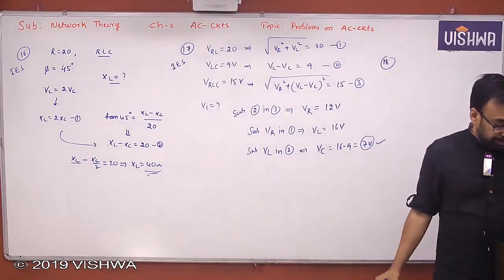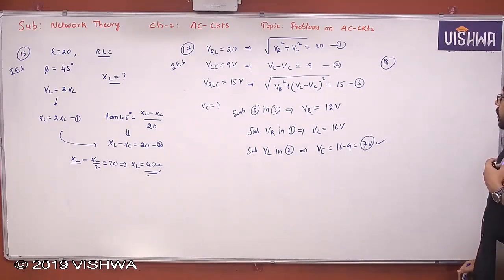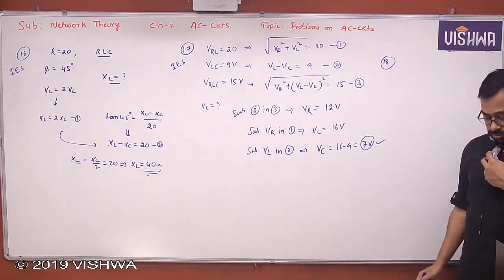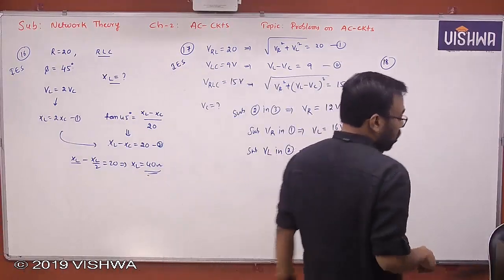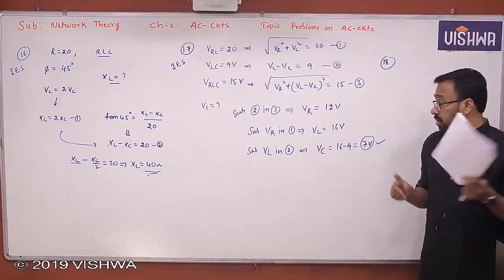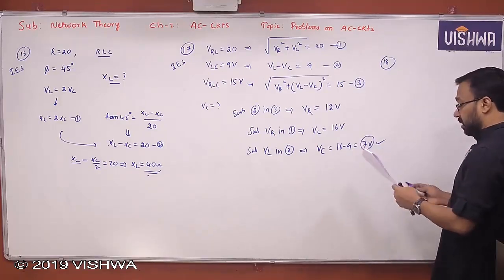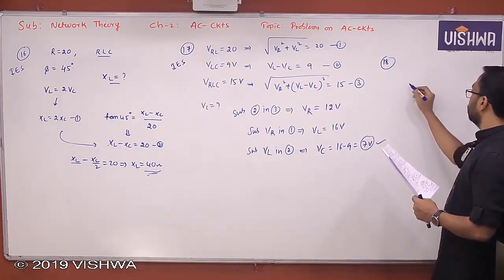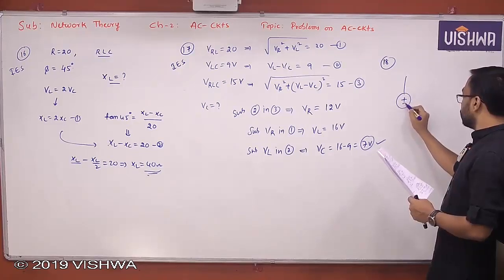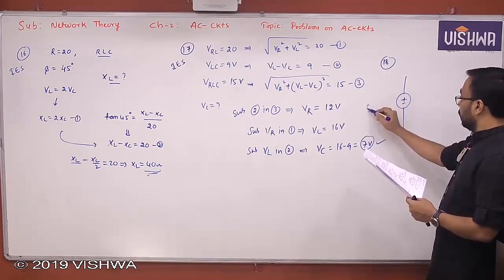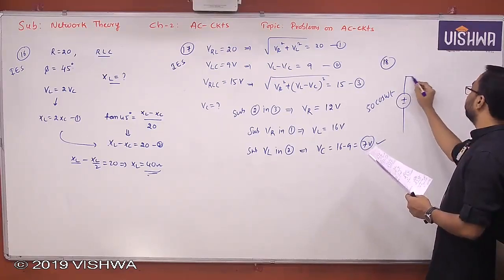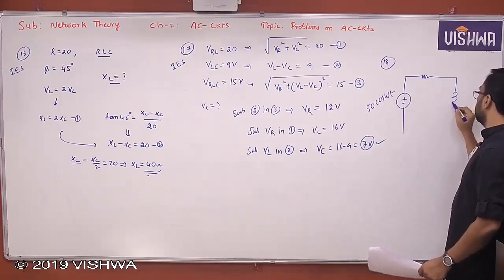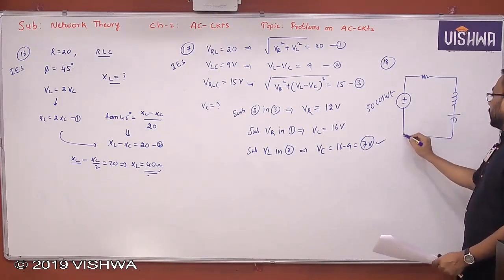So quickly note down. I will just discuss the 18th question. Hope you have finished that. Meanwhile, I will note down the circuit here. The 18th one. There was a voltage source, an AC source, 50 cos omega t.